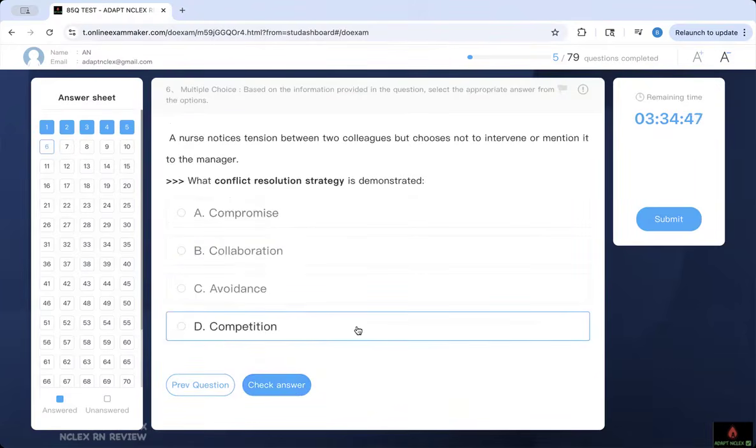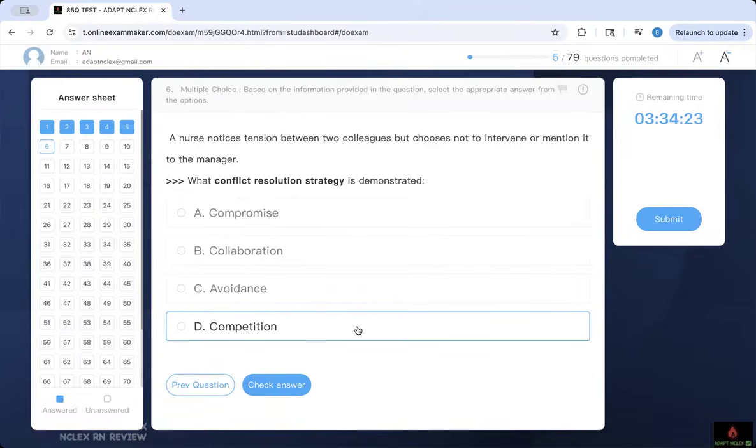And next is notice tension between two colleagues, but chooses not to intervene or mention it to the manager. These are management of care questions. They are raw, they are very annoying, but you have to be comfortable because NCLEX love it, right? So be comfortable answering that. What conflict resolution strategy is this? Don't look at the question, look at what is happening.